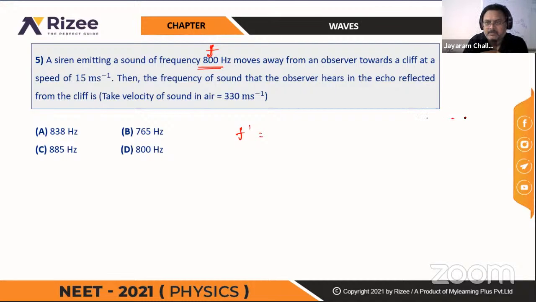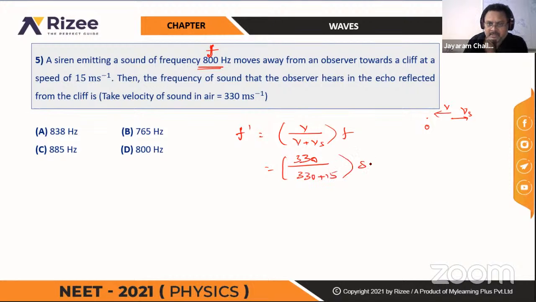Since the source is moving away from the observer, this is the velocity of the sound. Both of them are in opposite directions, so the relative velocity gives v by (v plus vs) into f. Substituting, the velocity of sound is 330, so 330 by (330 plus 15), with an initial frequency of 800.